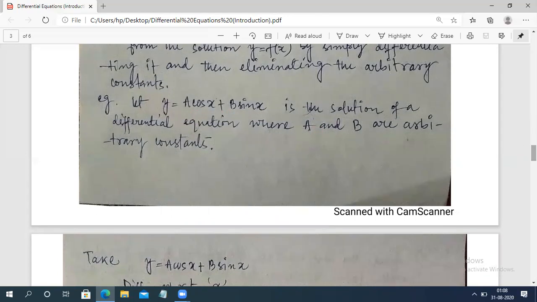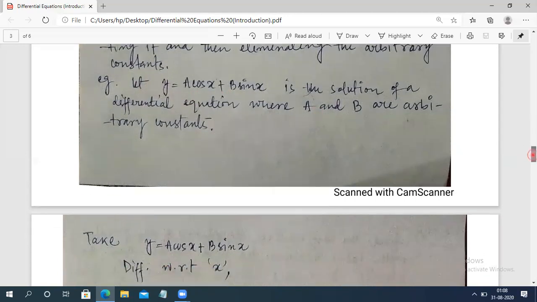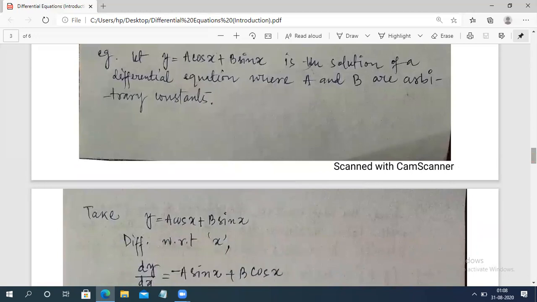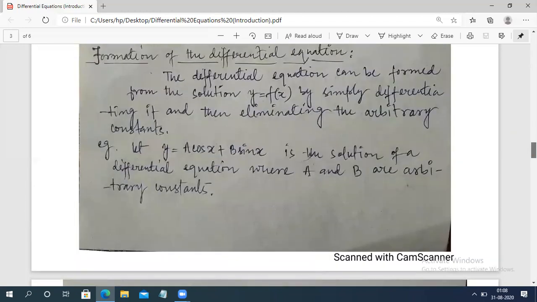We are going to form the differential equation. So this is the formation of differential equation. Take the solution y equal to a cos x plus b sin x, where a and b are arbitrary constants. The process of formation of differential equation involves two steps.